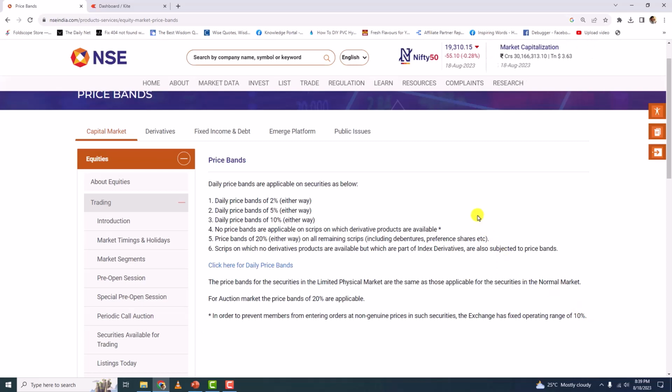Generally the indices or stocks hit the circuit when there is very good news or very bad news. Two of the elections had a negative effect, or I can say one negative and one positive effect. Then recently the Hindenburg report had come on Adani, which made the Adani stocks hit lower circuits repeatedly for multiple days. Then COVID made the indices hit lower circuit.